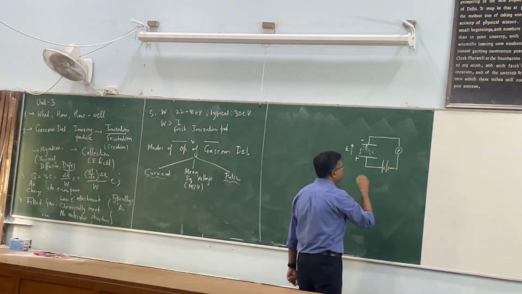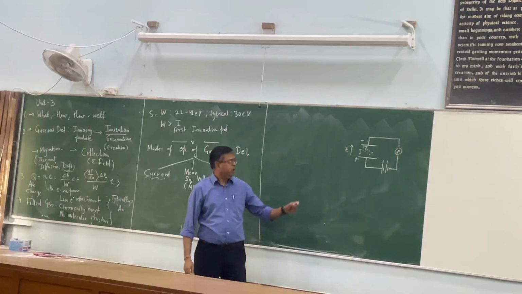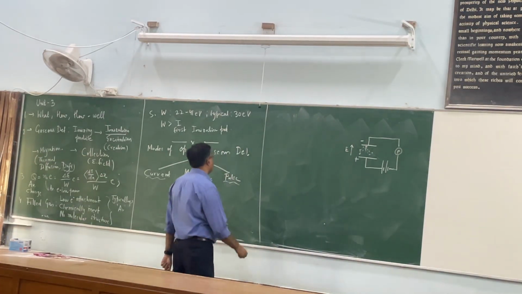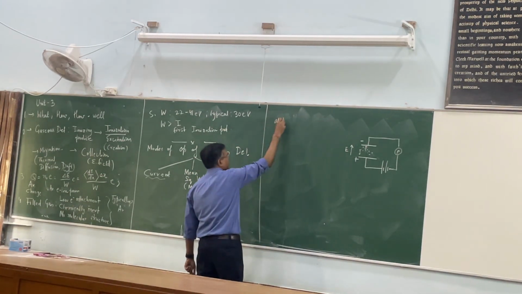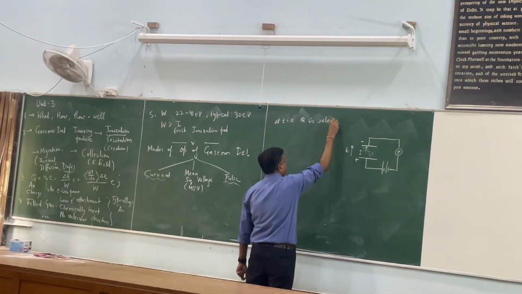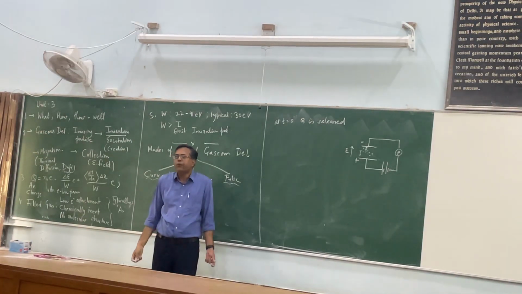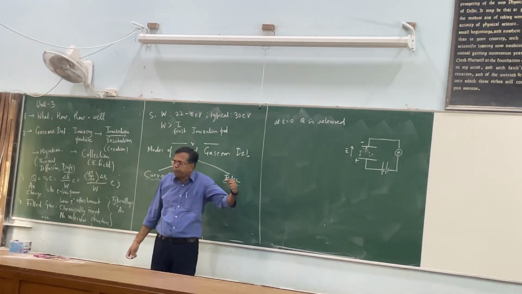So let's just make some current to close this. At t equal to 0, Q is released, from what? Because of this passage of this wire.